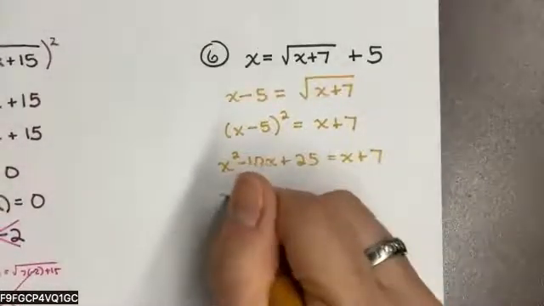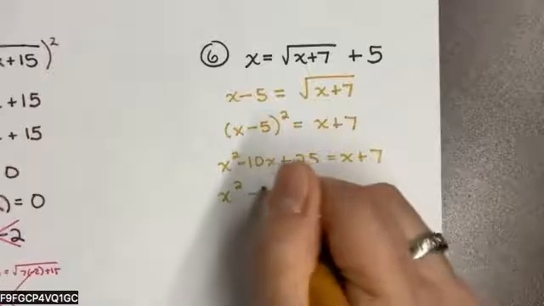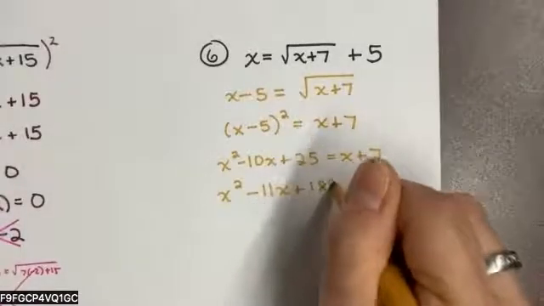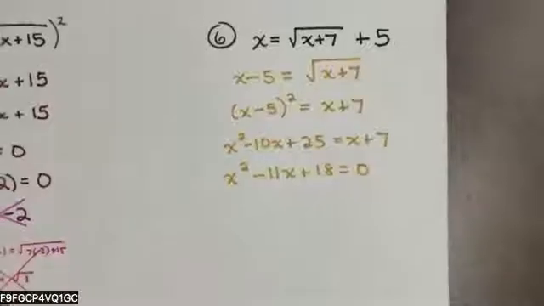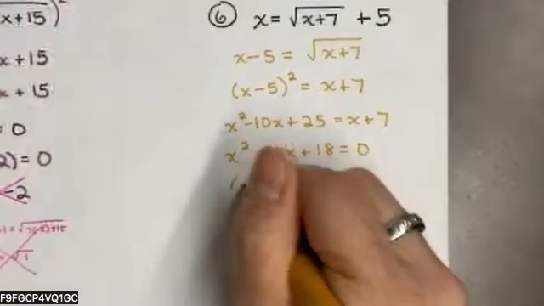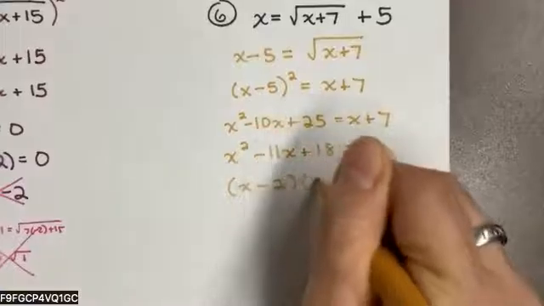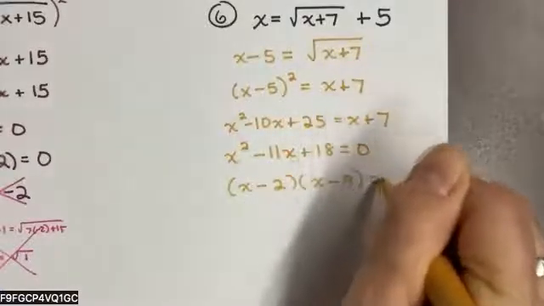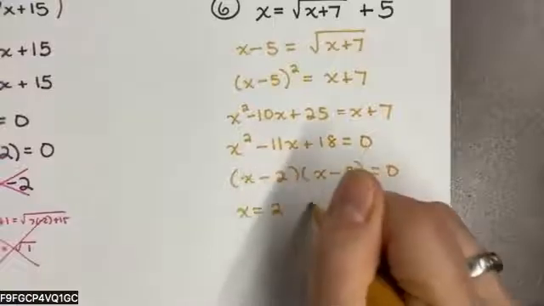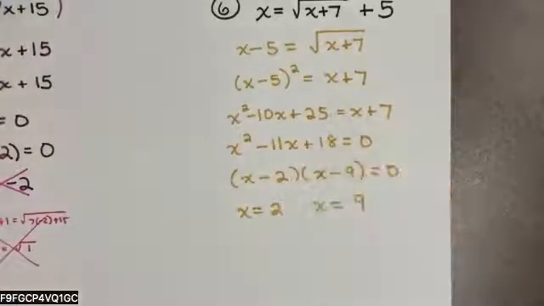Since it's quadratic and my x squared is positive on this side, I'm going to go ahead and move everything over to this side on the left. Since I'm pretty sure it's going to factor, because that's what these problems usually do, I'm going to go ahead and do that factoring. And now I'm going to go ahead and get both answers.